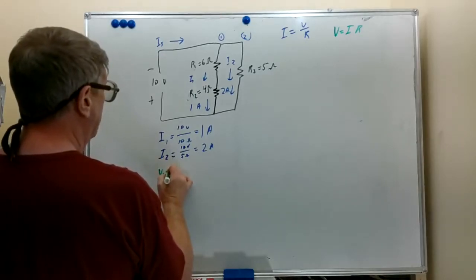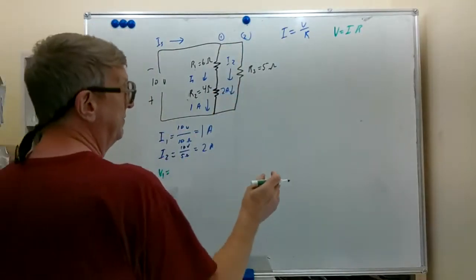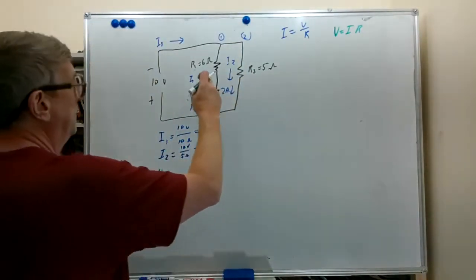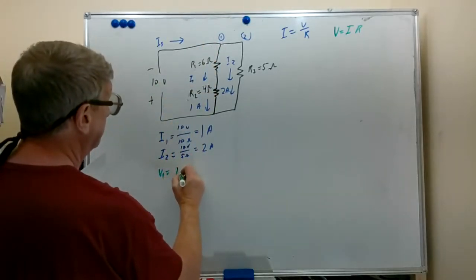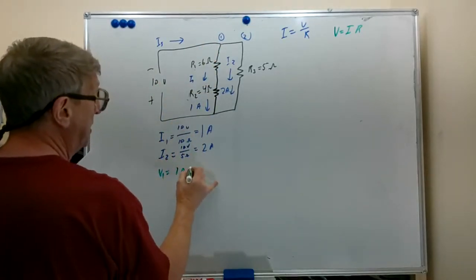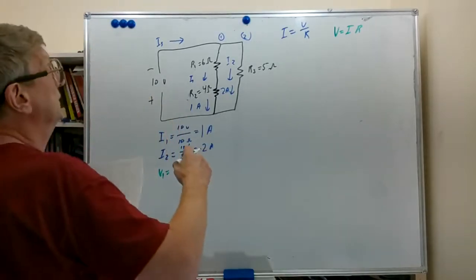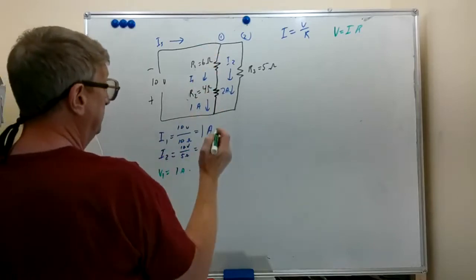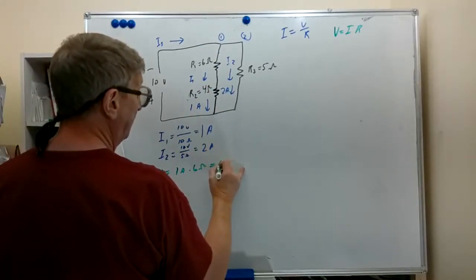V1 is going to equal the current through resistor 1 times the resistance of resistor 1. Well, we calculated branch 1 as 1 amp. So we have 1 amp, and we're going to multiply that. I'm going to put the dot symbol this time. Times the resistance of R1, which was 6 ohms. And that gives us 6 volts.